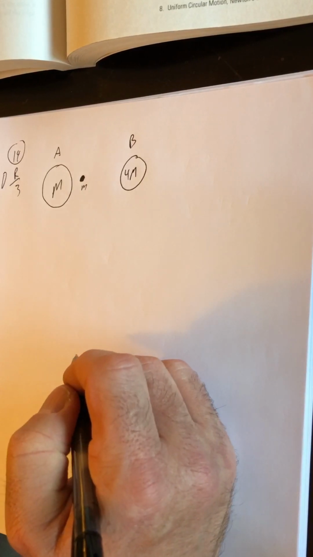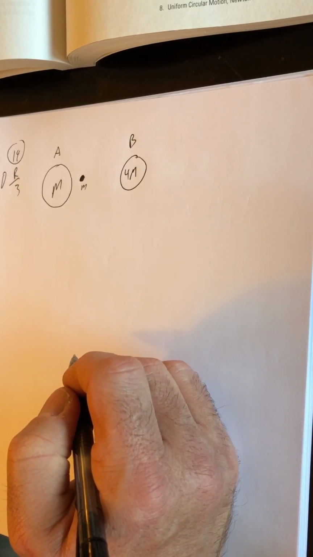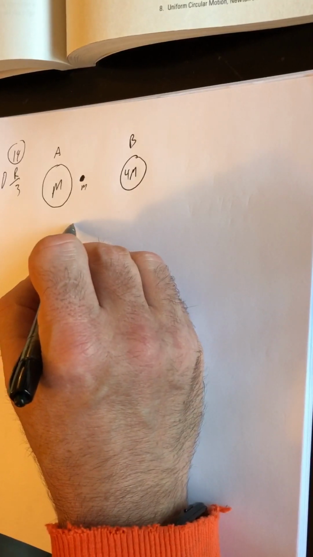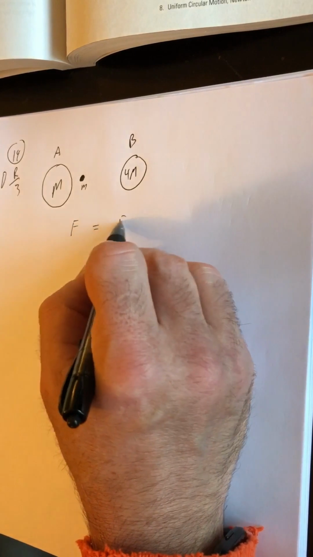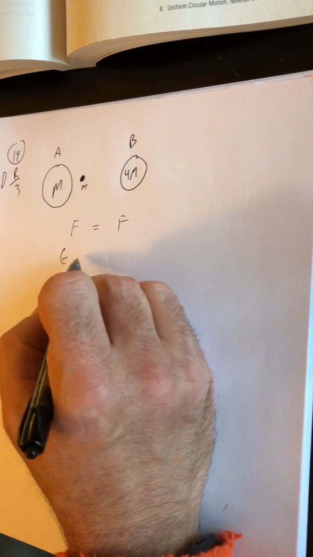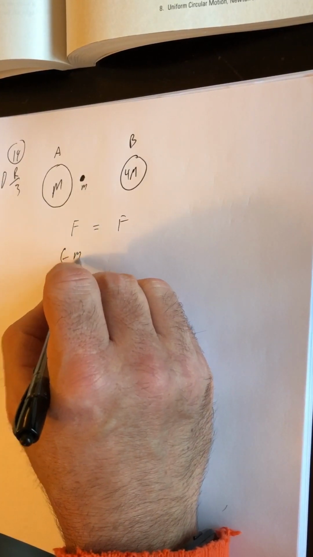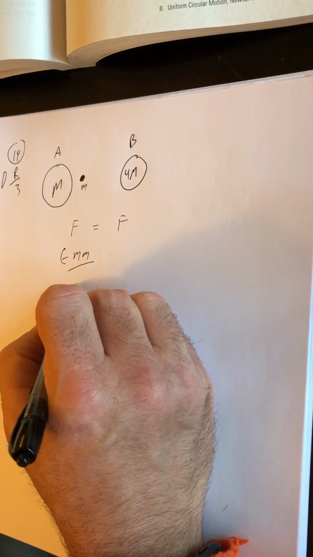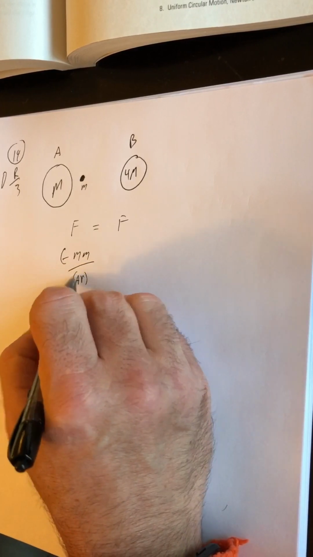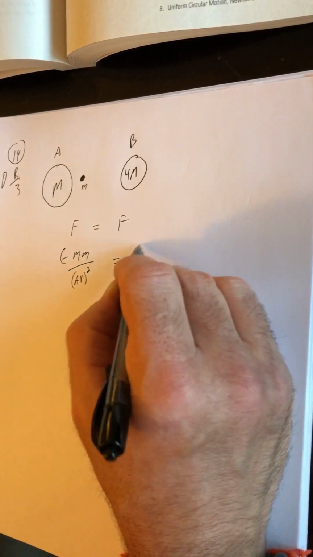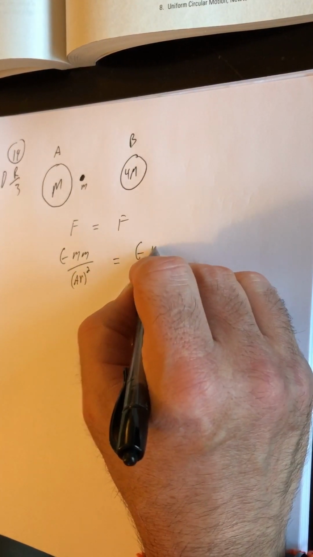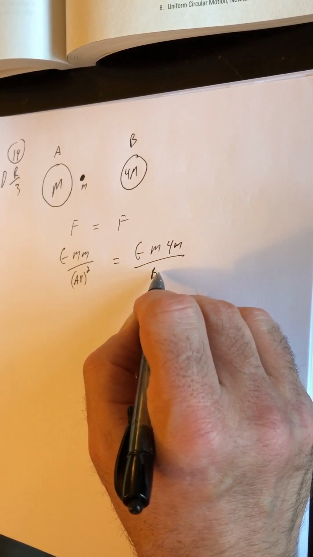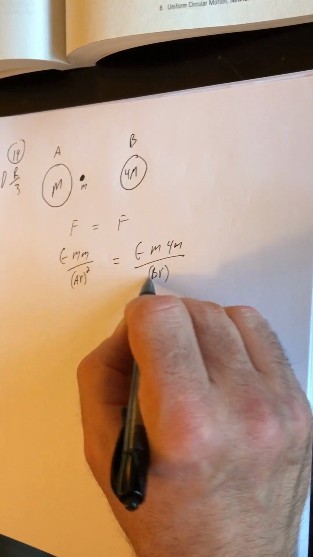I did a whole lot of math to show what that was, but basically I said the two forces have to be equal. So this is G m m over A times R squared, and this is G m 4m over B times R squared.